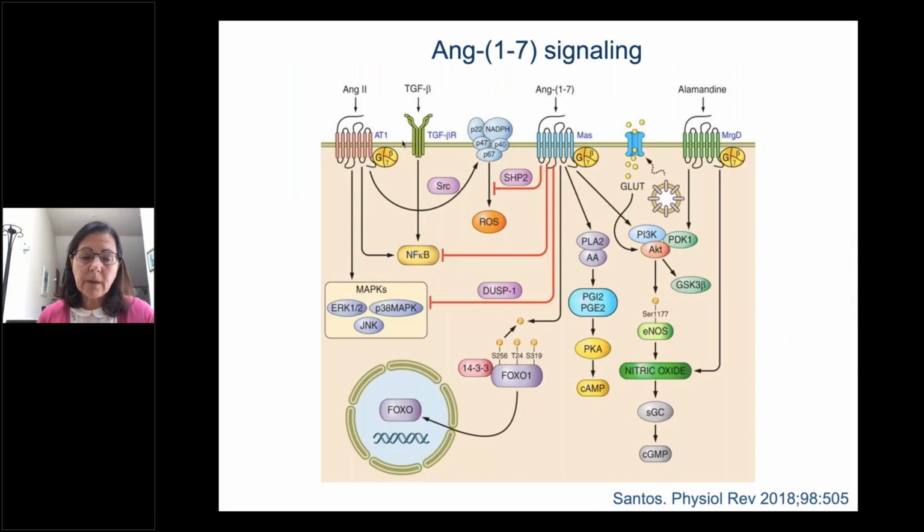And so what has now been put together by Robson-Santos and many other groups is the definition of the signaling pathways through which Ang1-7 through the MAS receptor may mediate some of the cardiovascular protective effects, most importantly through activation of the nitric oxide synthase pathway, activation of nitric oxide, and also production of cyclic AMP.